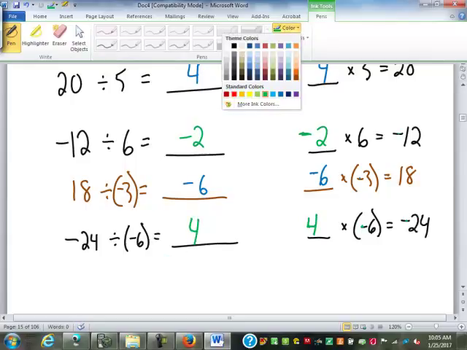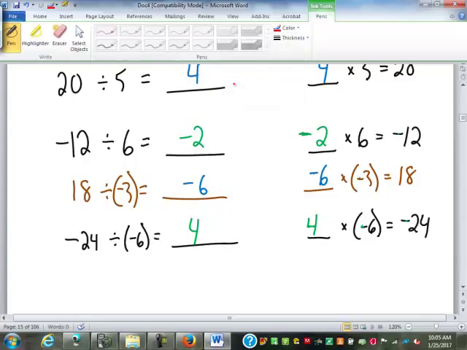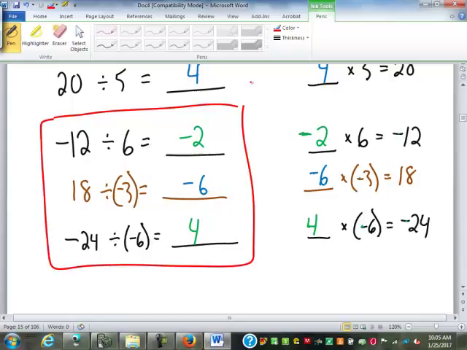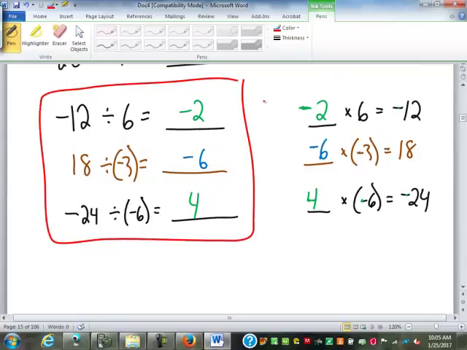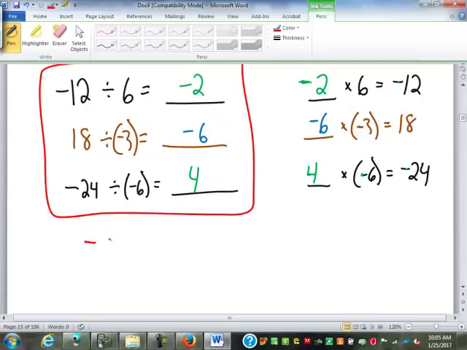So now when we look at this, the pattern ends up being the same pattern as we had for multiplication. When we were multiplying, a negative times a negative equals a positive. A negative times a positive equals negative. And a positive times a negative equals a negative.